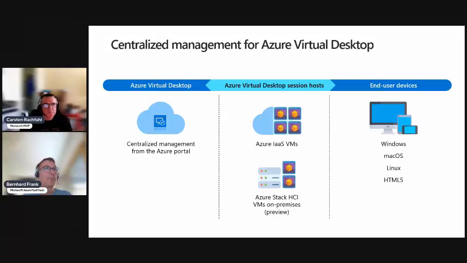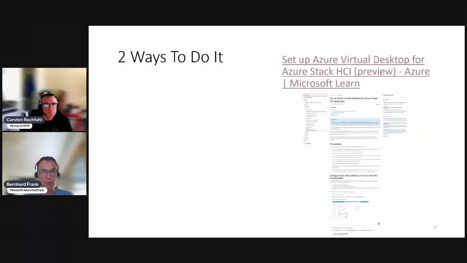Okay, maybe let's try to keep it to an end for that session and try to go into production. But there is one thing for the series. Basically, for implementing Azure Virtual Desktop on Azure Stack HCI, there are two ways to do it right now.